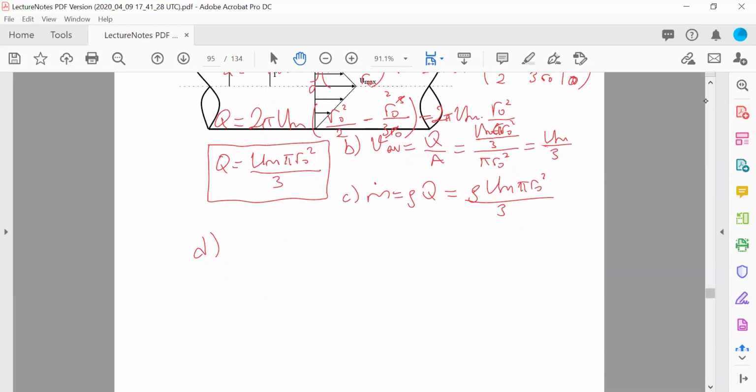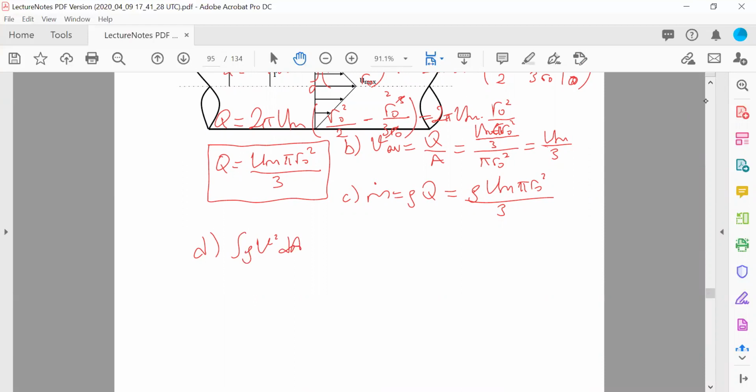Please note that this is momentum flux: rho times V squared dA, independent of the direction. If we need a direction, we use the V dot n notation. But if we don't need a direction, if we are just dealing with magnitude, this is the momentum flux formula.